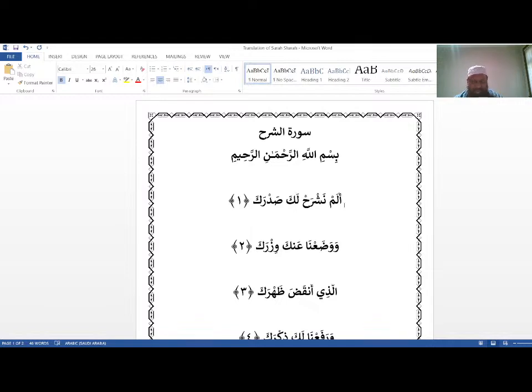A means is. But because we translate in the past tense and it is a verb, we cannot translate is. We have to translate did. Did. Lam, not. Lam, not. Nashrah, opened.